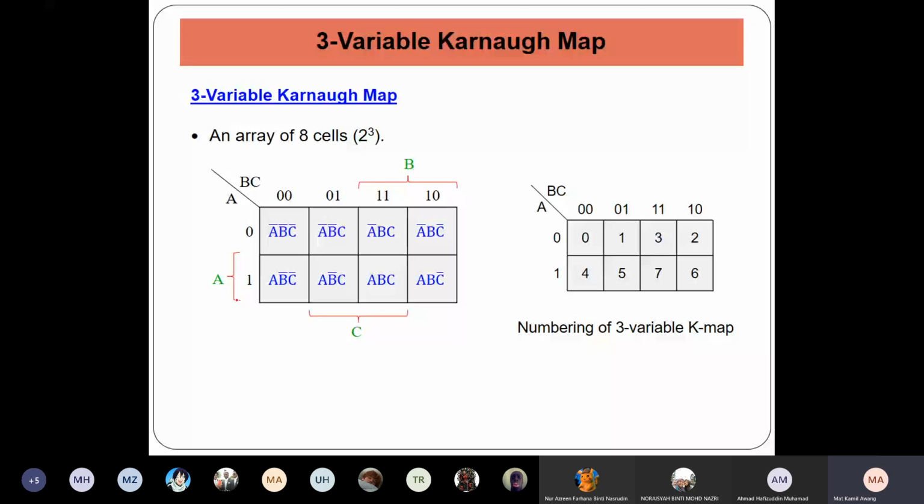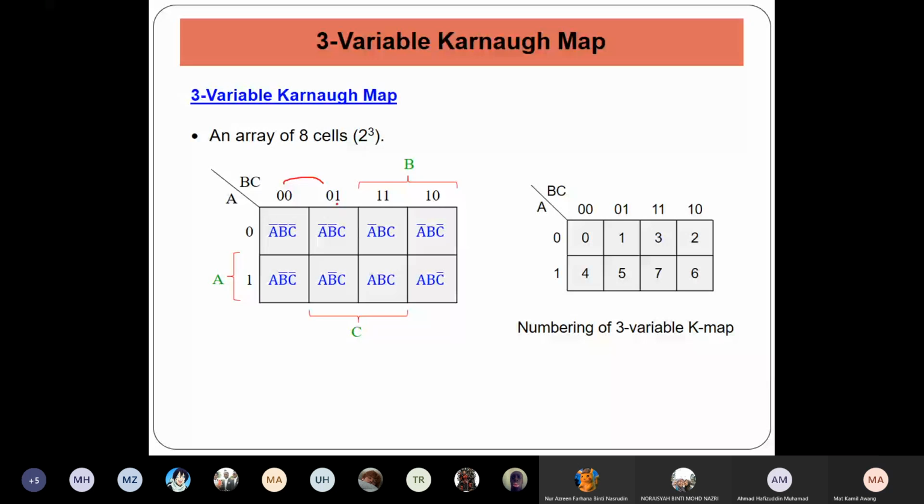0 changes to 1. For this one, you start with 0, 0 because B and C, B 0, C 0. To change to the next column, only one variable can change. So in this case, C is changed. B remains as 0, and C is changed to 1.